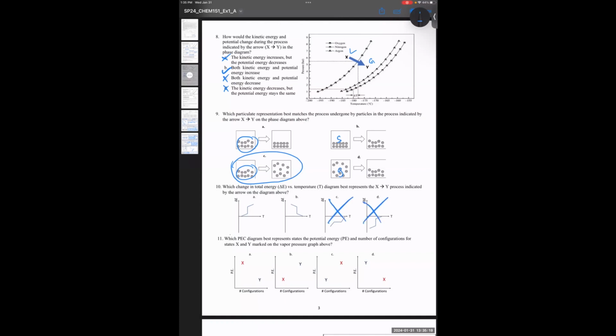And if we're heating the system, we should start at a lower temperature and end up at a higher temperature. How do we know the starting point? At the starting point, the change in energy, delta E, is 0. In option A, we are starting at this point over here, which is lower temperature. But in option B, we're starting over here at a higher temperature and ending up at a lower temperature. So if you are heating, option B can never occur. Therefore, our correct answer must be option A.